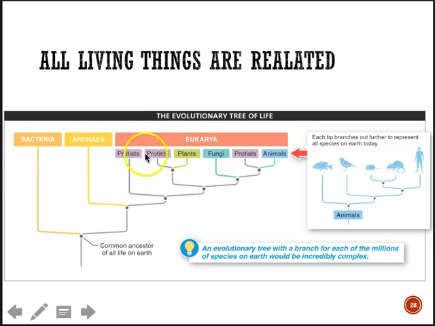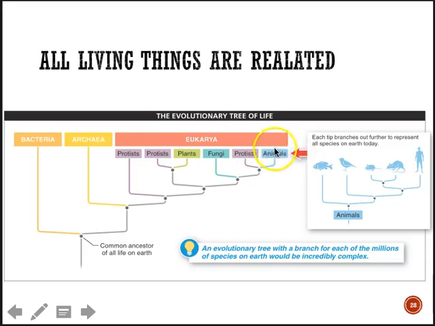And so in the future we're probably not even going to be using the term protists. We're going to be using some other term. So for now, we have protists being located in 3 different places on the evolutionary tree of life.